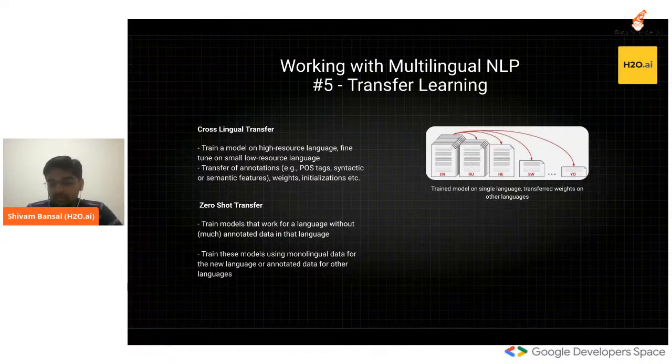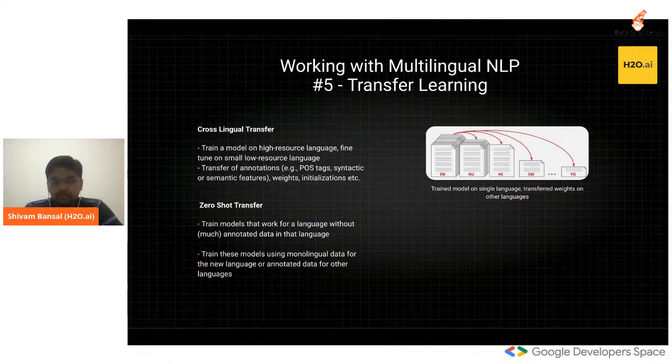What we can do is fine-tune or train these models on monolingual data, again combining different languages, and then those monolingual models can be used for other languages where we may not have enough annotated data. The idea is that transfer learning in the context of zero-shot can be used to work for multiple languages.